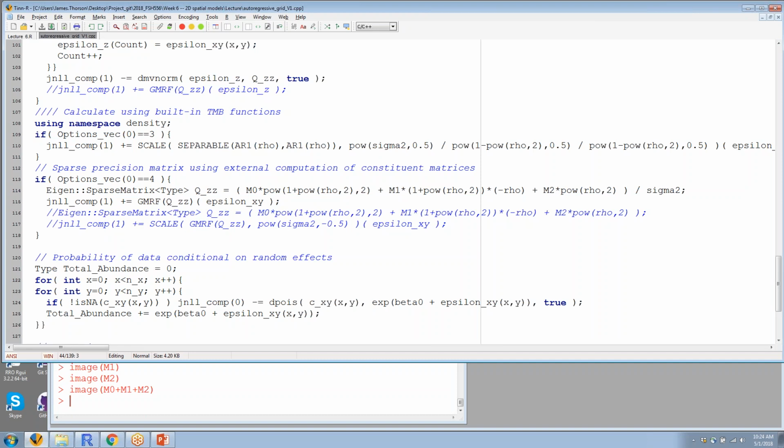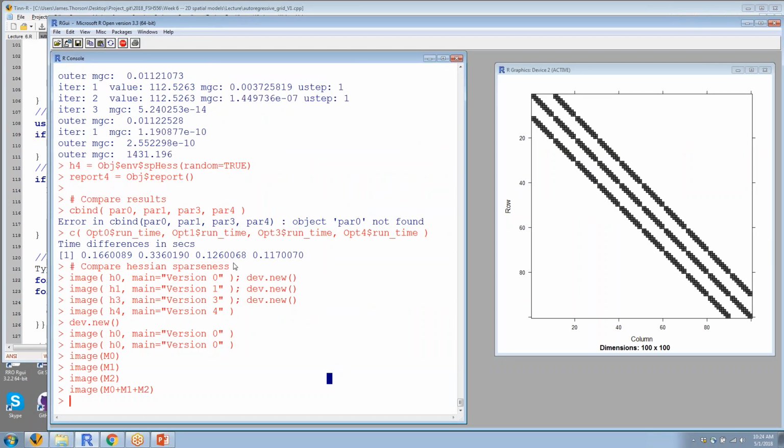I don't like it quite as much because it does all this computation on the C++ side, internally generating those matrices, whereas this one I can do on the R side once and never have C++ do it again. But in practice, for this size of model, those two last methods both took, well, one took 0.212 seconds and one took 0.11 seconds. So they're about the same speed.